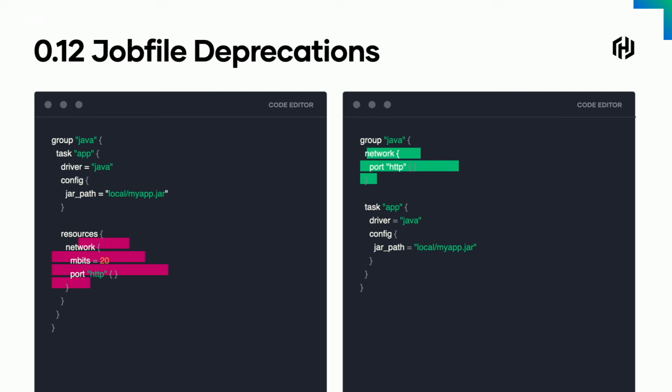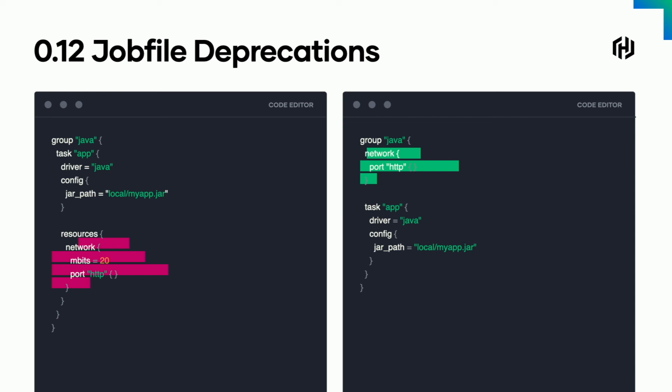So we're deprecating the use of a network block inside of a task's resource stanza. And along with that is this megabits field. In Nomad, you could say that your application took 20 megabits, and Nomad would use that when doing resource scheduling.